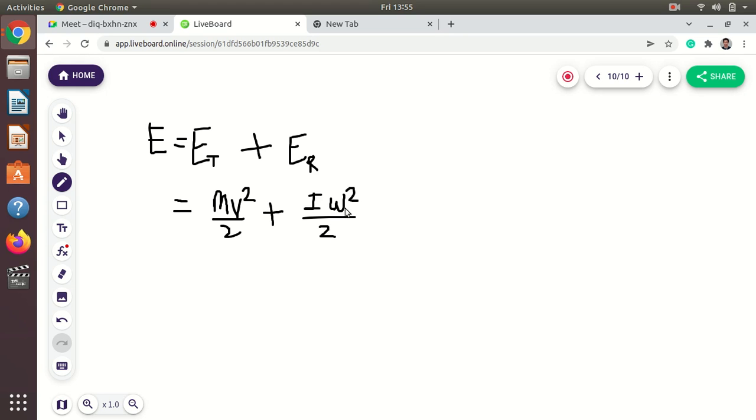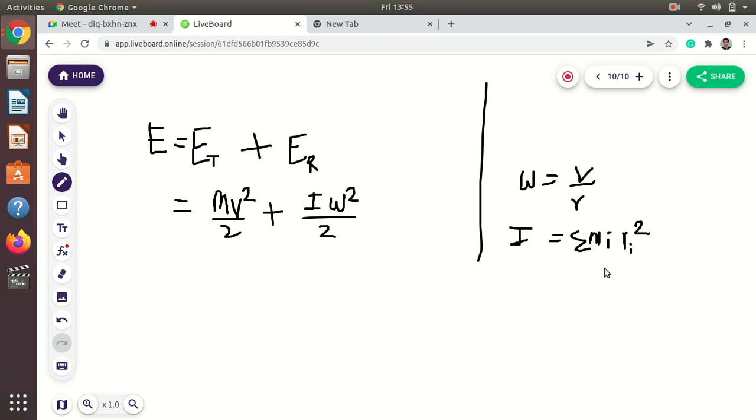And for omega, omega is equal to v upon R. And I is equal to summation m_i r_i squared. To avoid this summation, we define one new quantity called the radius of gyration.